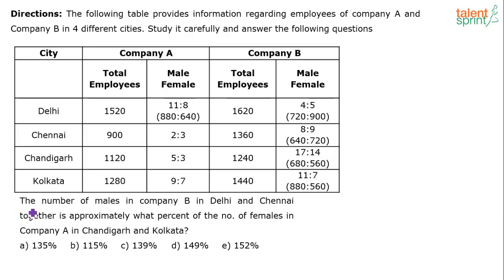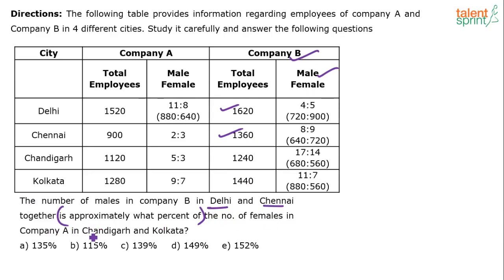Here's the question. The number of males in company B in Delhi and Chennai. Delhi is this and Chennai is this. Is approximately what percent of, remember, this is like X is what percent of Y. What is Y?